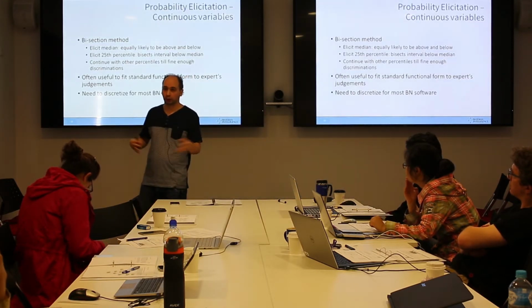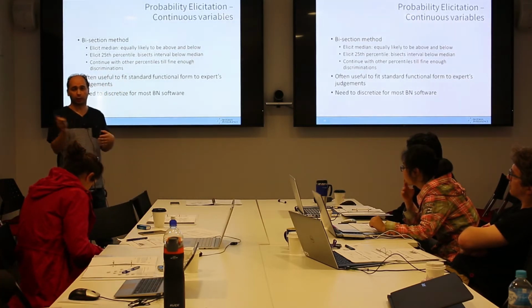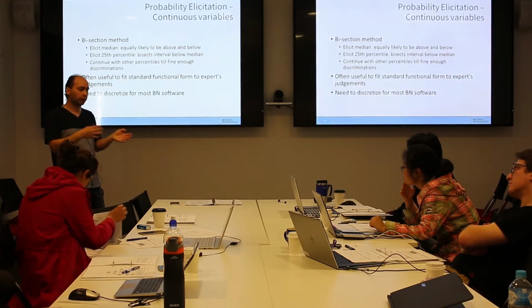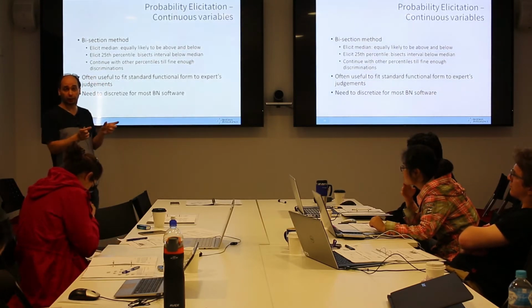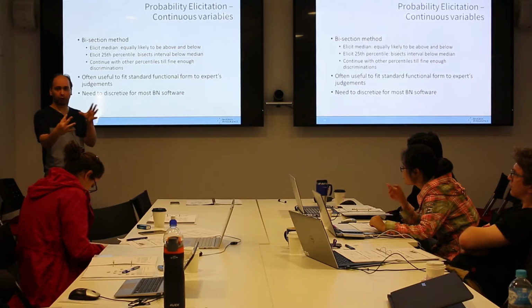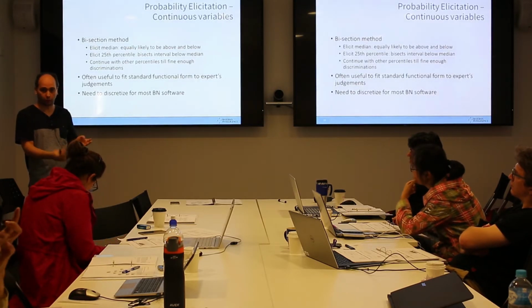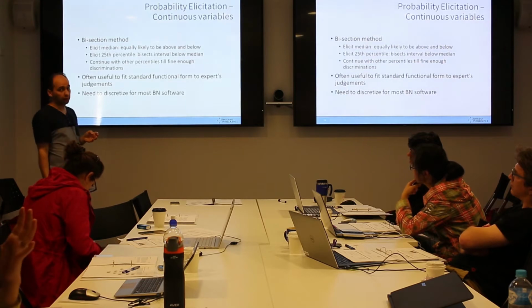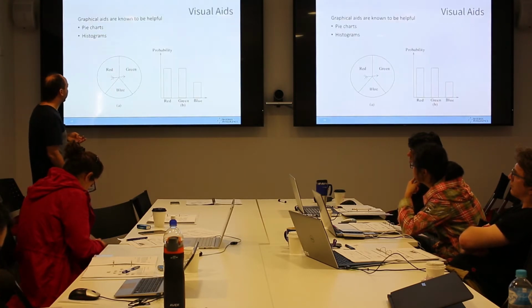So you don't want to start off with every percentile and elicit all 100 of them. You start off with 50th, 25th, 12.5th, and so forth. And then you only elicit to the level that you need. And then you've got a reasonable level of accuracy and resolution for your distribution. You probably won't do that for this project. Okay.